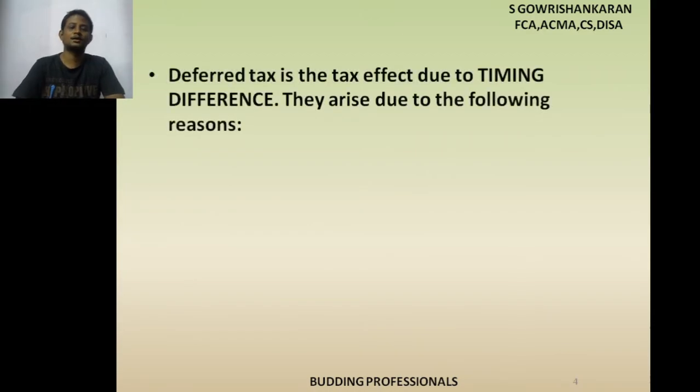The next thing: deferred tax is the tax effect due to timing difference. Timing difference means this year I will not account any expenses, and next year only I will account it as an expense. Or under the Income Tax Act, this year I fully allow expenses: 100% depreciation is allowed in the first year itself, and next year no depreciation.